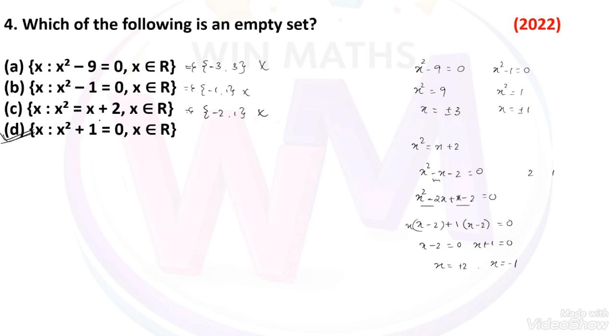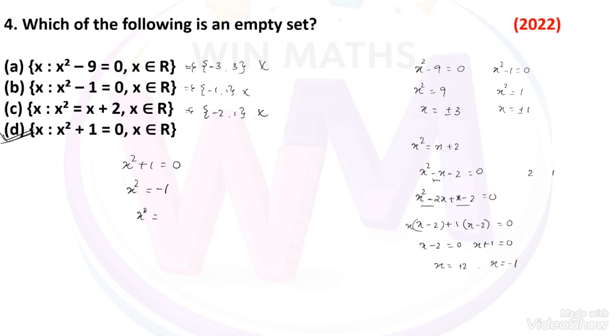But once while checking the option, x square plus 1 is equal to 0. While solving the equation, x square is equal to, take 1 on this side, it becomes minus 1 on the right side. x square is equal to minus 1.